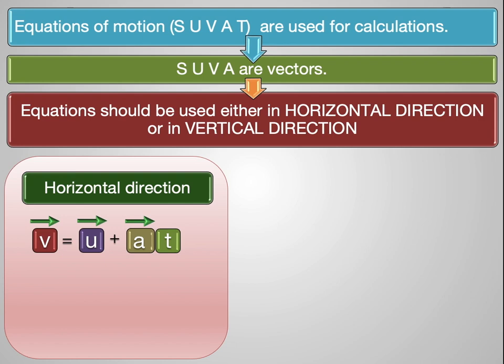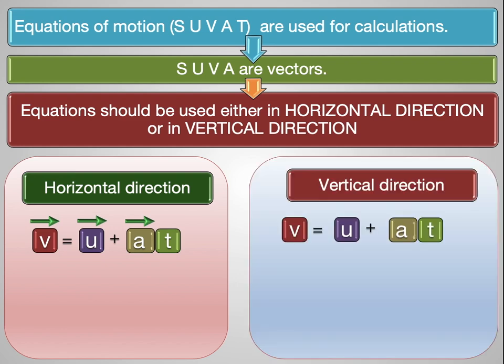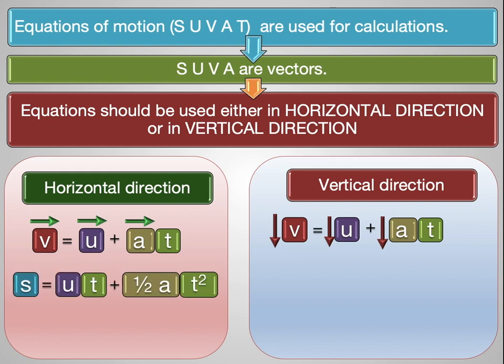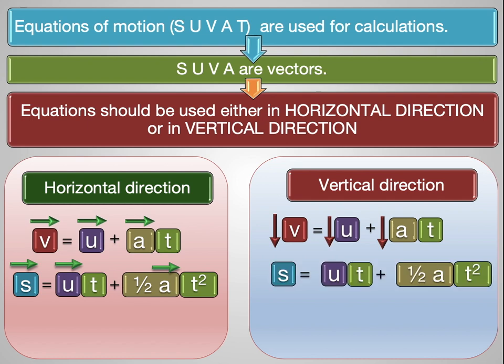Everything should be horizontal, whether it's a component or the actual quantity. Same way you can write in the vertical direction, but everything should be vertical. Here, s equals ut plus half at square, but make sure u, a, s are horizontal. In this case, if you write in the vertical direction, make sure u, s, a are vertical.